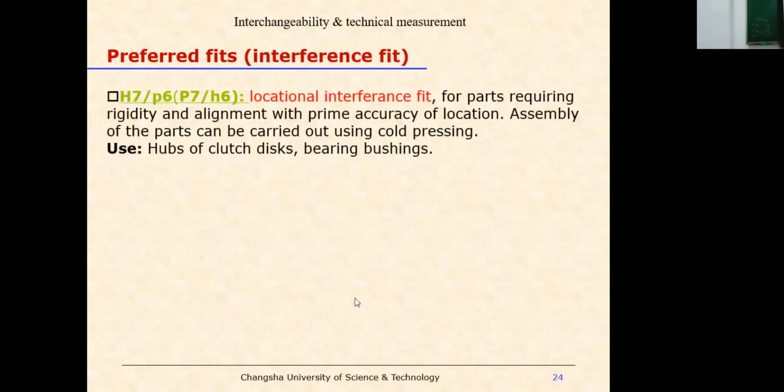For the interference, it's H7 P6, locational interference fit, where there is small clearance or small interference, just for the location position. The locational fit is to make the position very fixed, not to move.